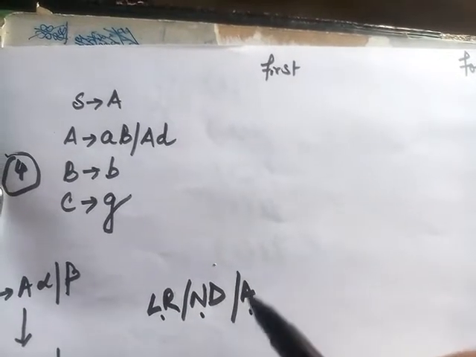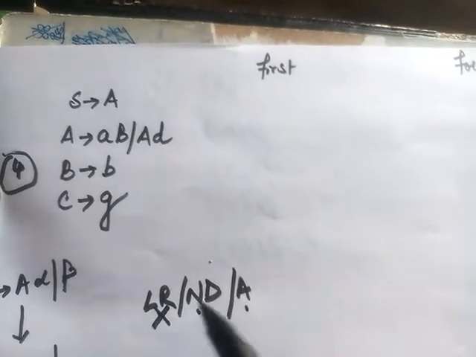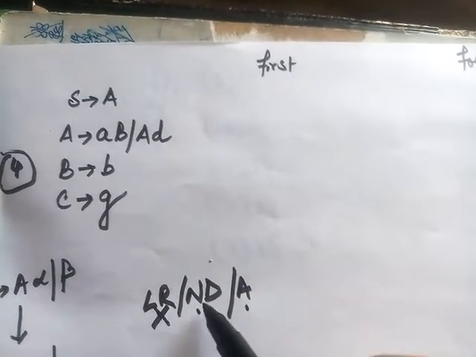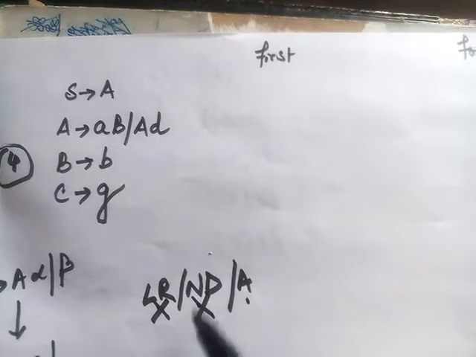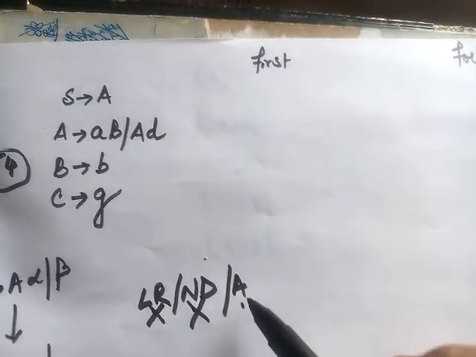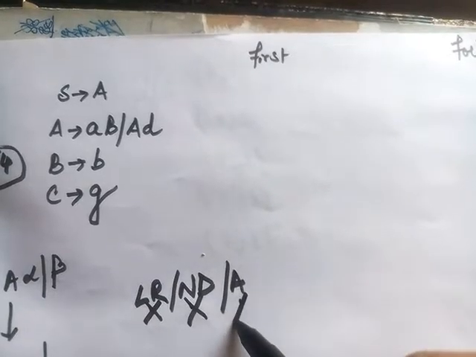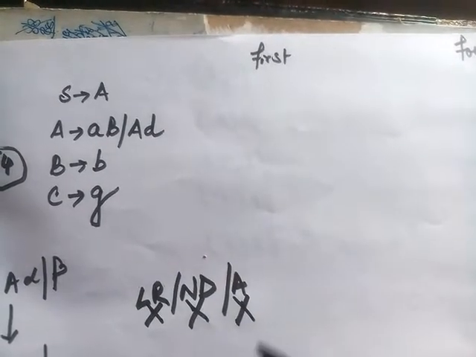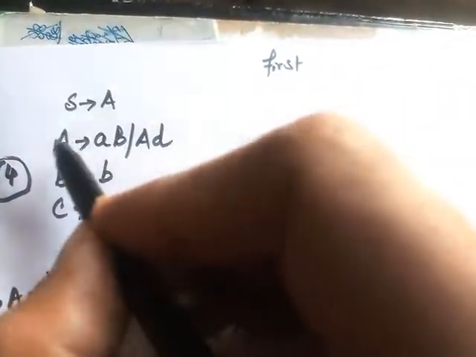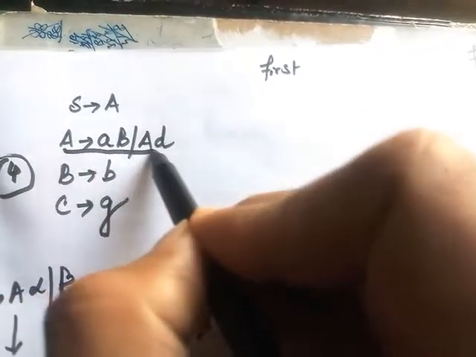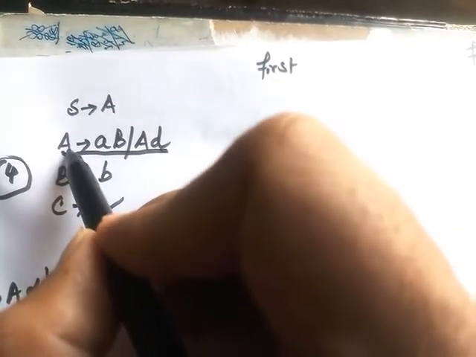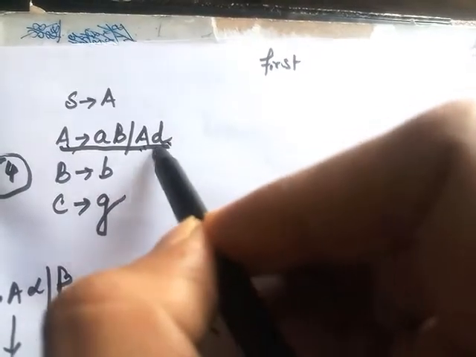So if grammar is left recursive, eliminate it. If your grammar is non-deterministic, remove it using the left factoring method. And if it is ambiguous, then you have to remove ambiguity in the grammar. But just see this production: A generates AD.